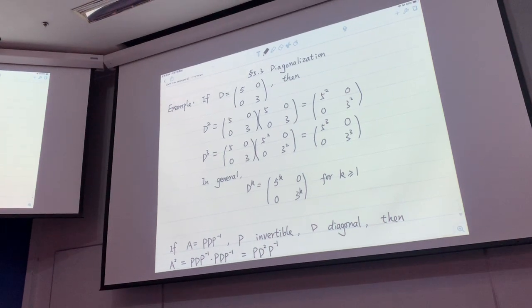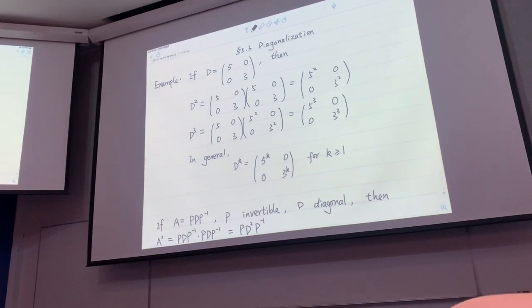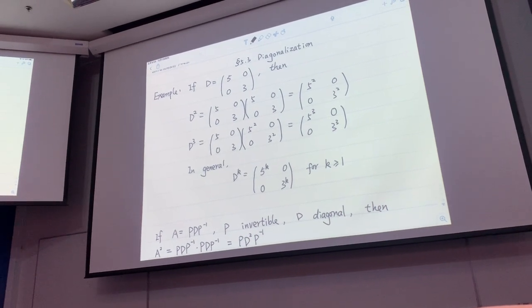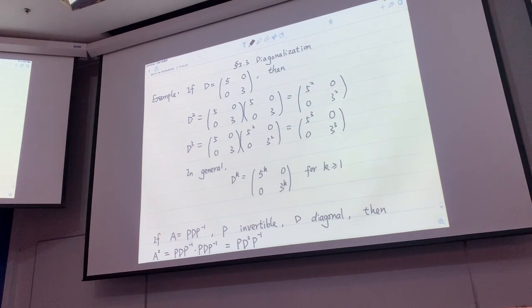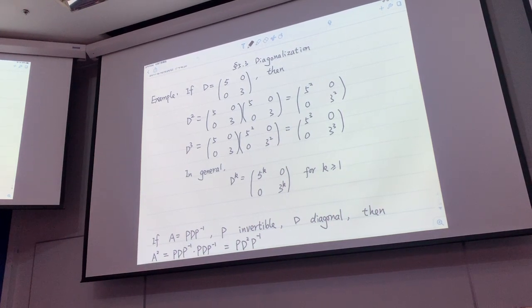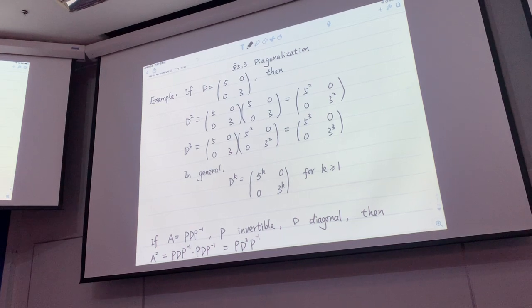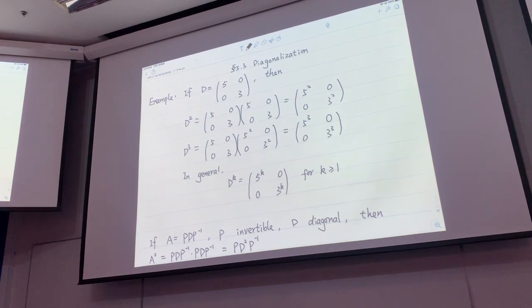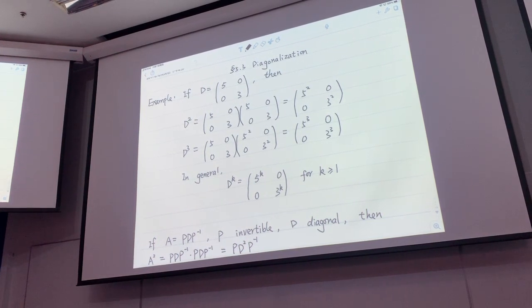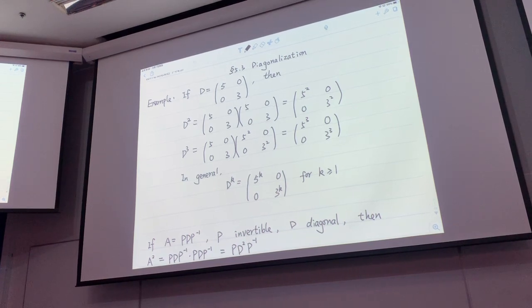And this is not only true for D squared, it's also true for D cubed, and in general D to the power k equals 5 to the power k, 3 to the power k, and the off-diagonal elements stay 0. This is a very important property.